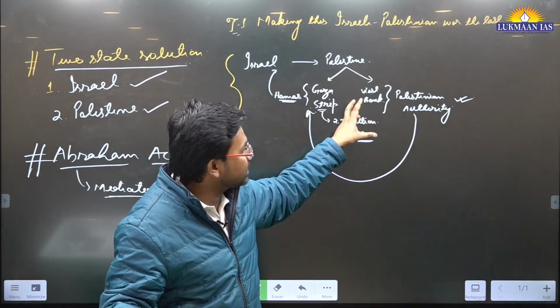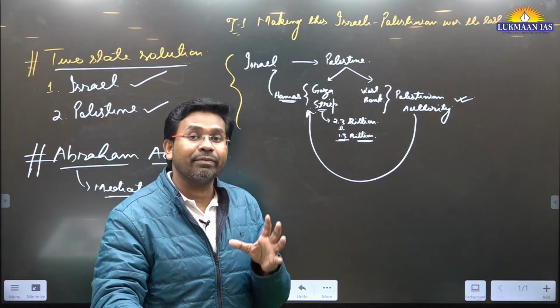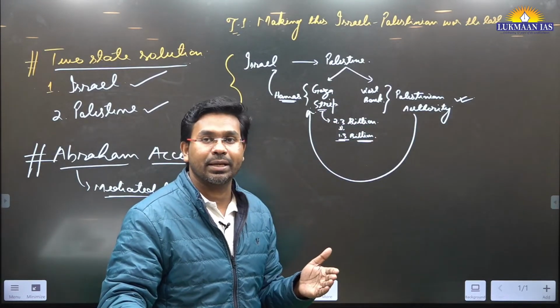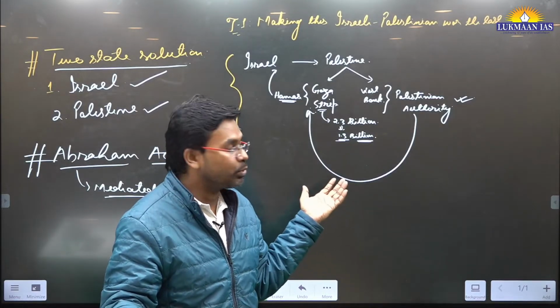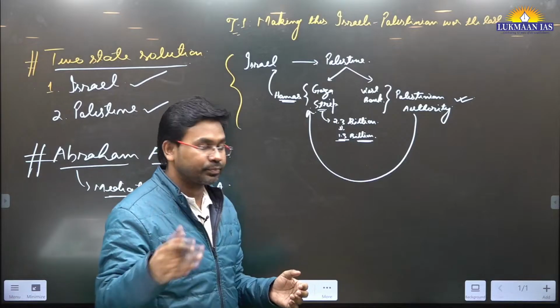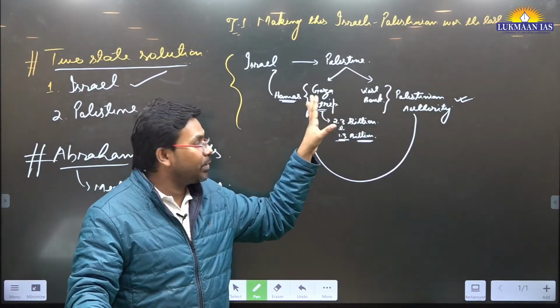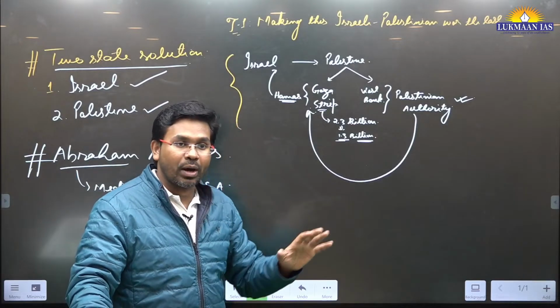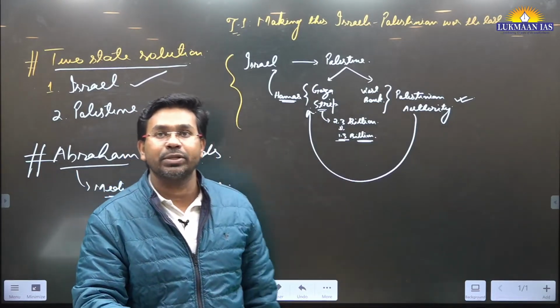Around 450,000 Israeli people have settled, and they don't want to come back to Israel. That will be a problem, but the author says they should bring back Israeli people from the West Bank, give proper territory, and allow a proper government to get established over there.